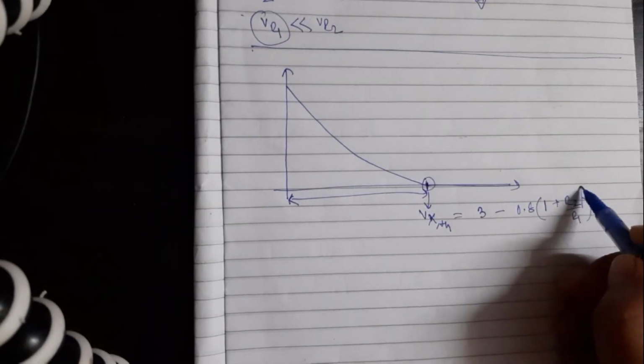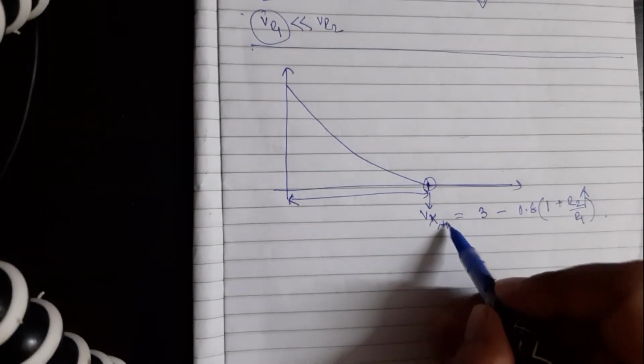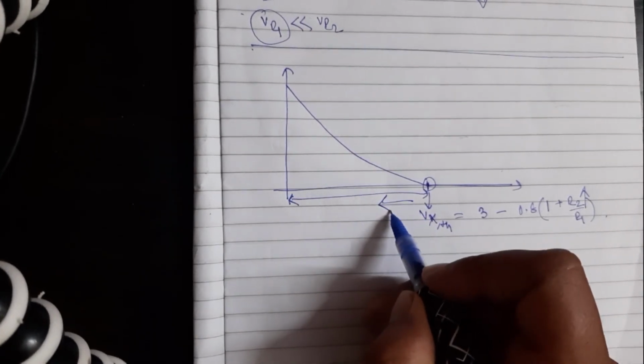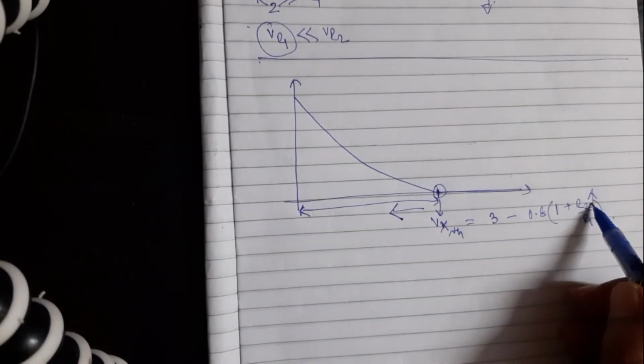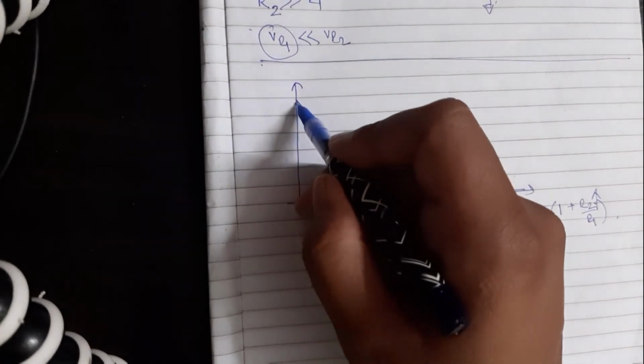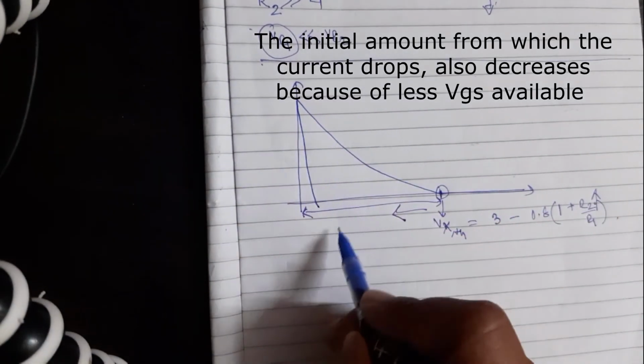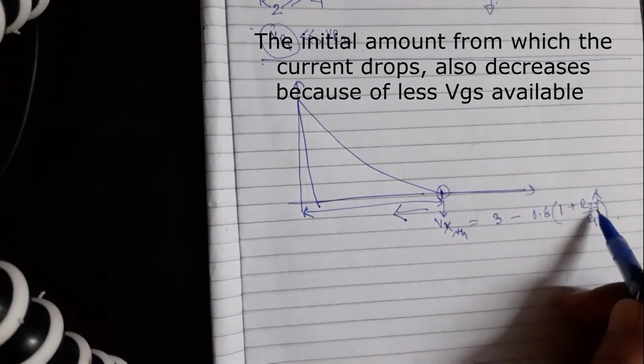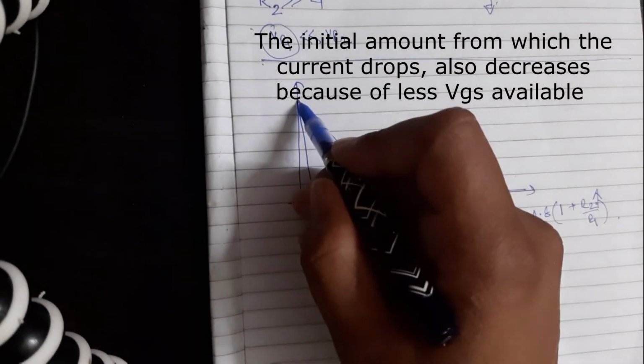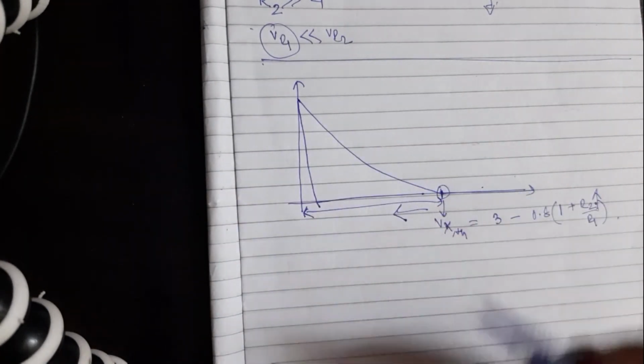Now as R2 increases, this value decreases. So if R2 is the maximum, the current will fall very sharply to 0. If R2 is minimum, the current will fall to 0 not so sharply.